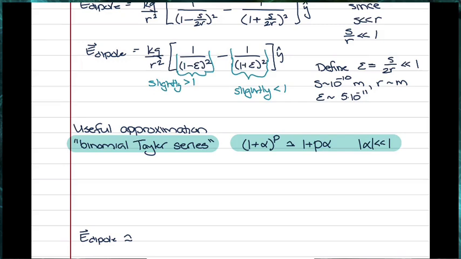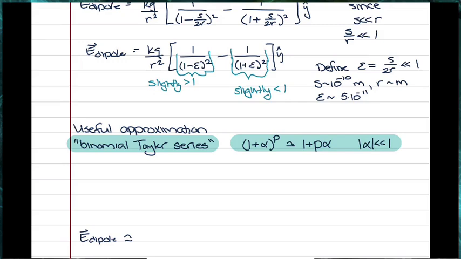So essentially this gives me a way to approximate this sort of binomial factor here. 1 plus epsilon squared or 1 minus epsilon squared is a binomial.